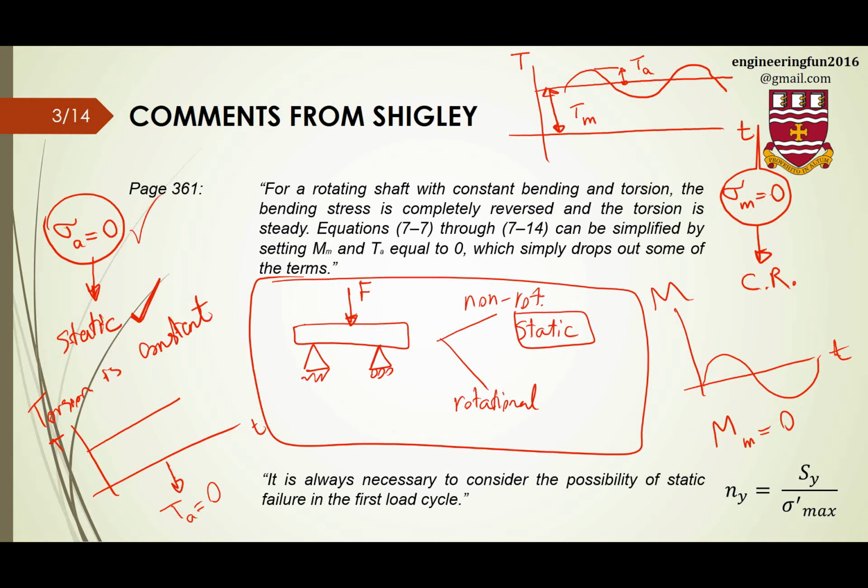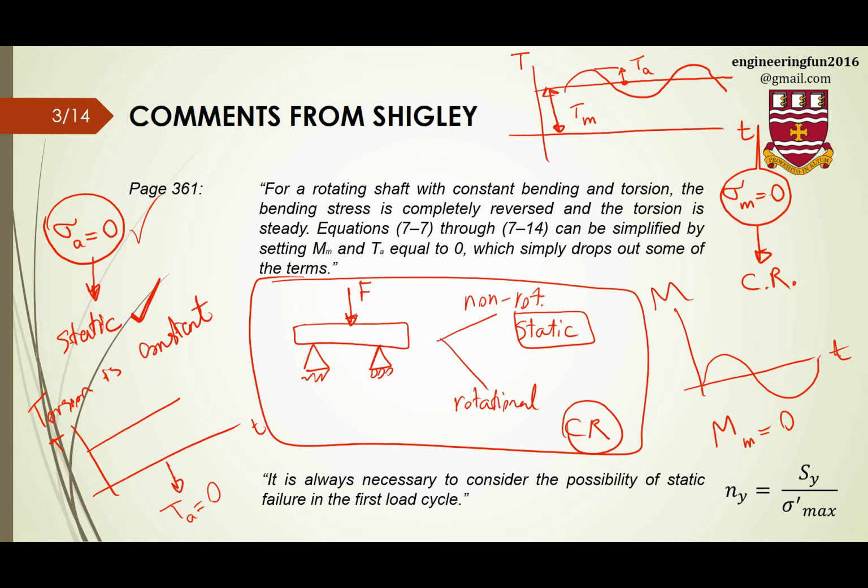what happens is at each point we face a completely reversed scenario. For example, at this point we are at maximum tension, but when it's rotating it will start to decrease to 0 and then go to maximum compression, and at another point we have maximum tension.